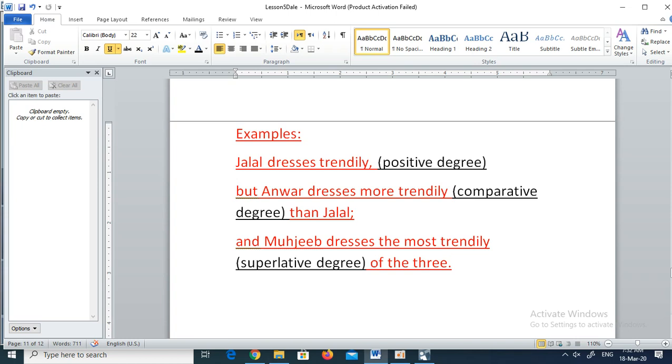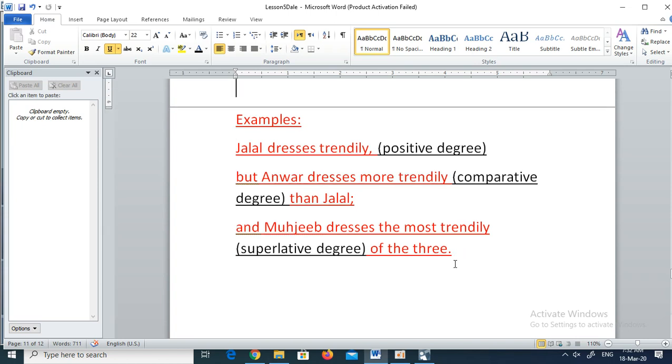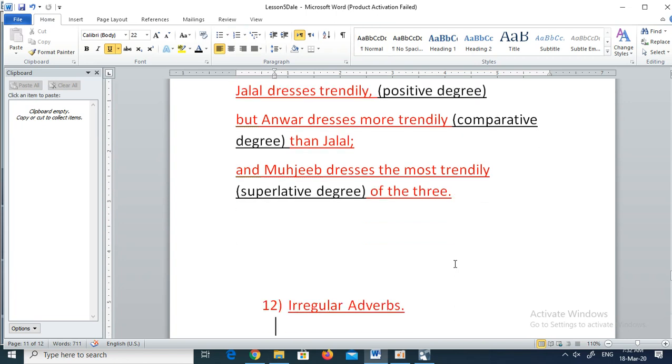So the most trendily is the superlative degree, and again you will use that word the before you put the superlative degree, and again you will tell us in which group Mujib is the most trendily dressed, and here the group is the three. So the rules on adverbs are very much the same as the rules on adjectives.